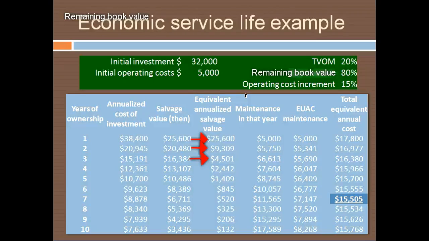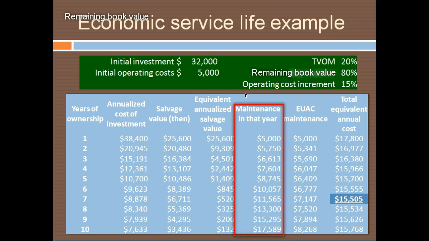And the 16,384 we will receive at the end of 3 years will translate into 3 years at the end of year 1, year 2, and year 3 of 4,501. So that way we can subtract from the annualized cost the equivalent annualized salvage value to compute the cost of recovering the capital.